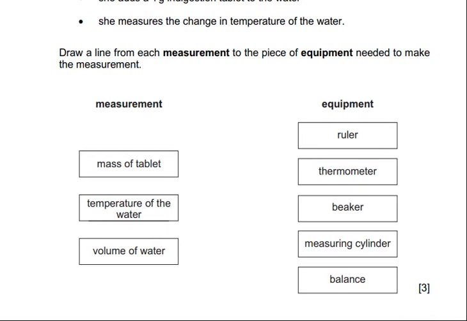So here on one side we have the measurements and on the other side we have the equipment. Sometimes this word equipment can be changed with other ones such as apparatus. So instead of equipment, apparatus can be used, or equipment is also sometimes used.